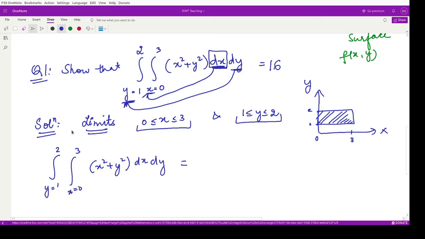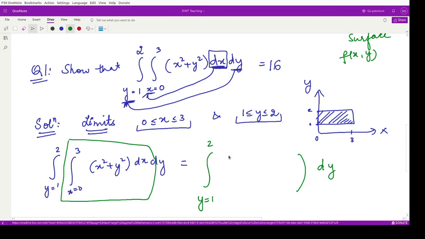Firstly, you have to perform this portion first, keeping y as constant here. So for that, limit y varying from 1 to 2, dy would be as such, and you'll perform this inner portion first. So the integration of x square with respect to x, that would be x cube by 3, and the integration of y square, now y is constant with respect to this x, so it would be y square as such, and then the integration of 1, that would be x.